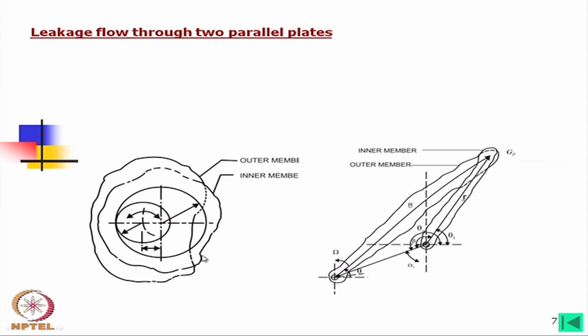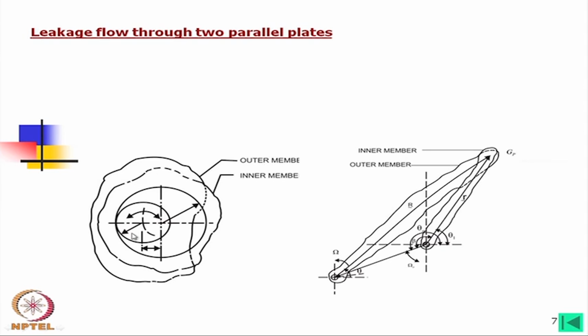Not only that, it is not a simple motion, not just rotary motion or sliding motion, rather we can consider that one plate is moving with respect to the other, having rotational motion as well as revolving on the other plate about a fixed center.